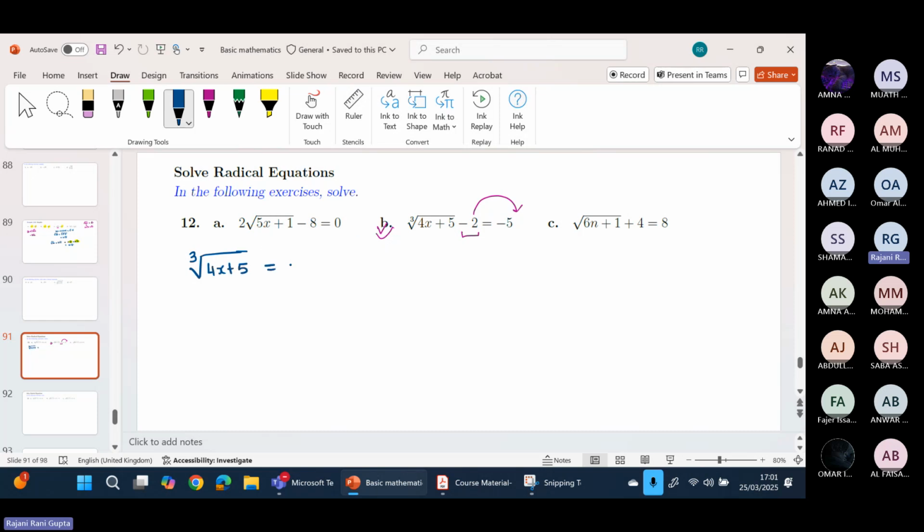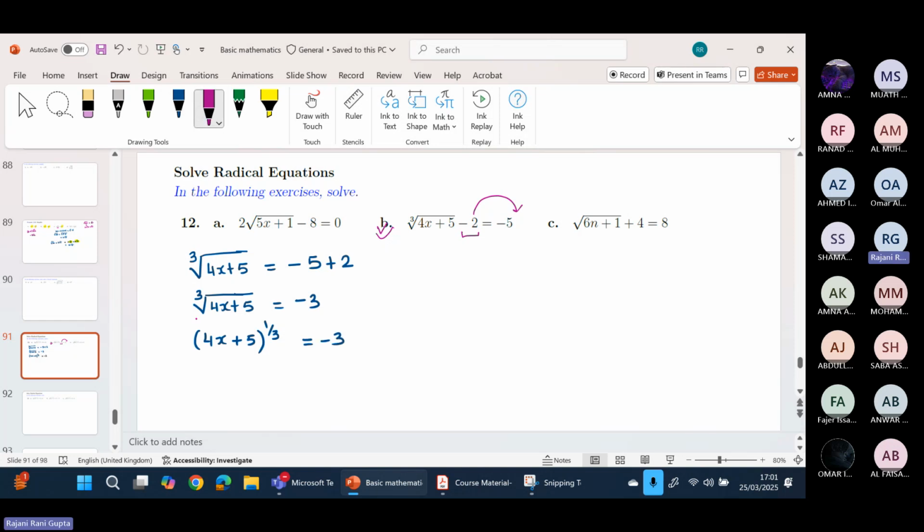We did this kind of question in class. -5 and -2 when moved to the other side give you +2. So you have cube root of 4x plus 5 equals -3. Now cube root means power 1/3.